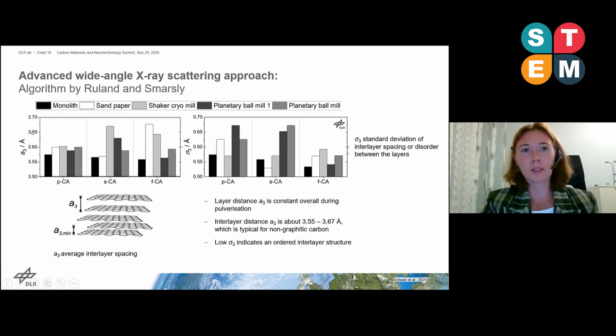Here we have 3.6 angstrom to 3.7, so it is quite constant, and the standard deviation is also quite constant. There are some very, very low differences in between, which can also affect the pore size, especially the micropore size, which can be measured with nitrogen sorption.